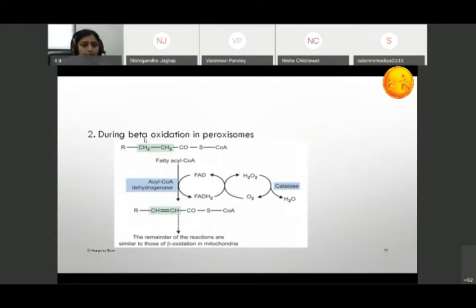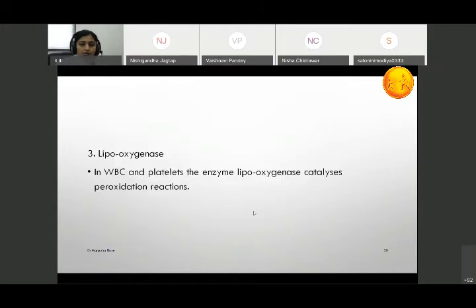So in beta oxidation in peroxisome, hydrogen peroxide is the reactive oxygen species which is formed. Next is lipoxygenase. In WBC and platelets, the enzyme lipoxygenase catalyzes the peroxidation reaction to form various reactive oxygen species.